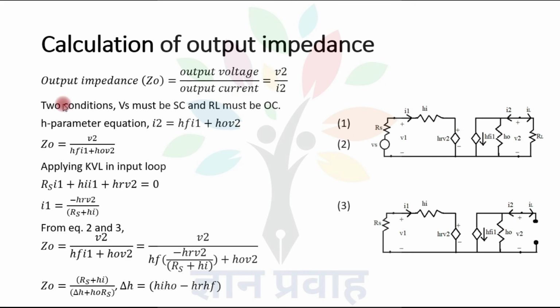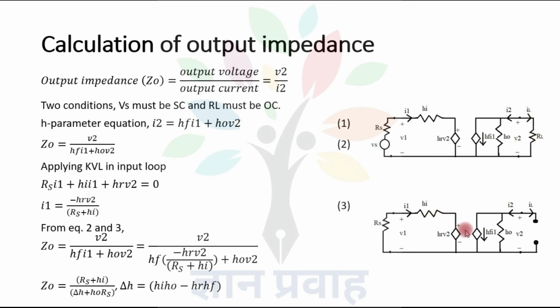For calculation of output impedance we must consider two conditions: the source voltage must be short circuit and the load resistance must be open circuit.